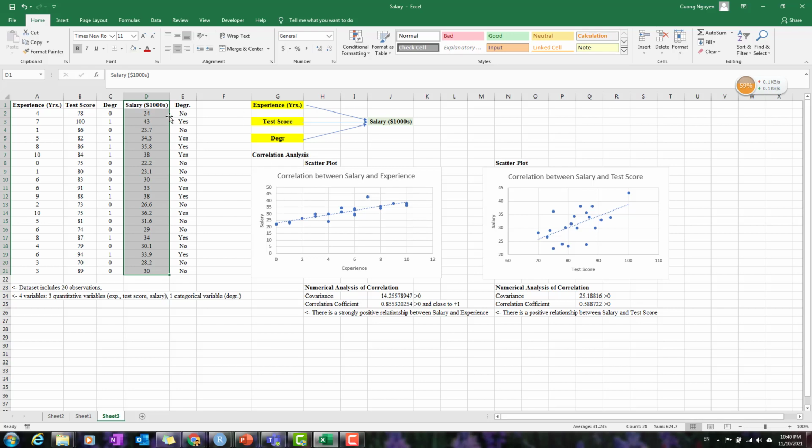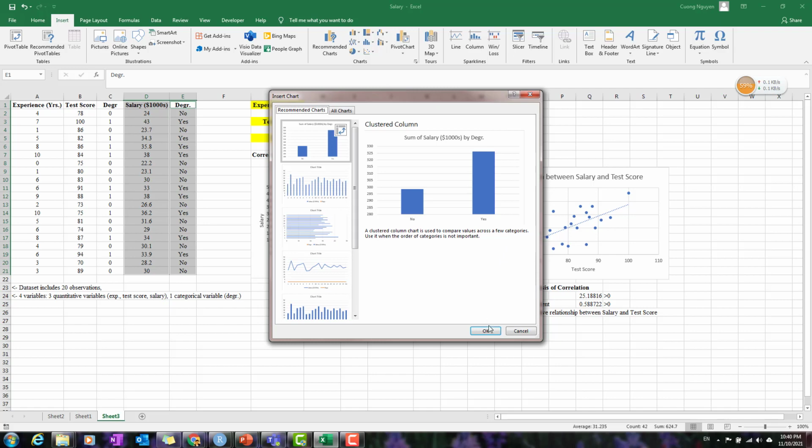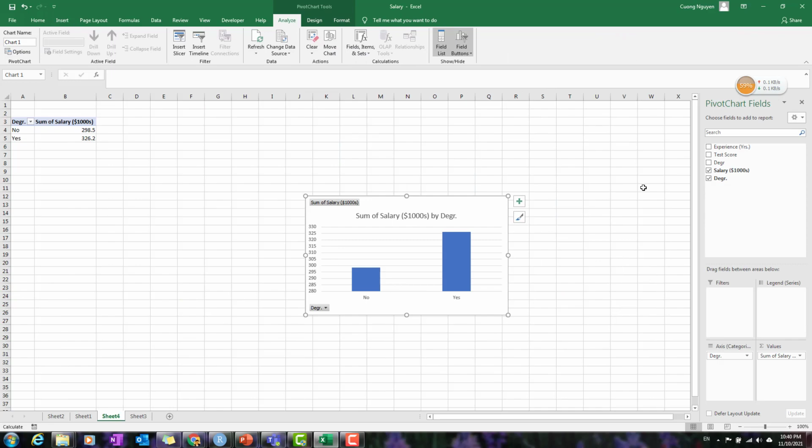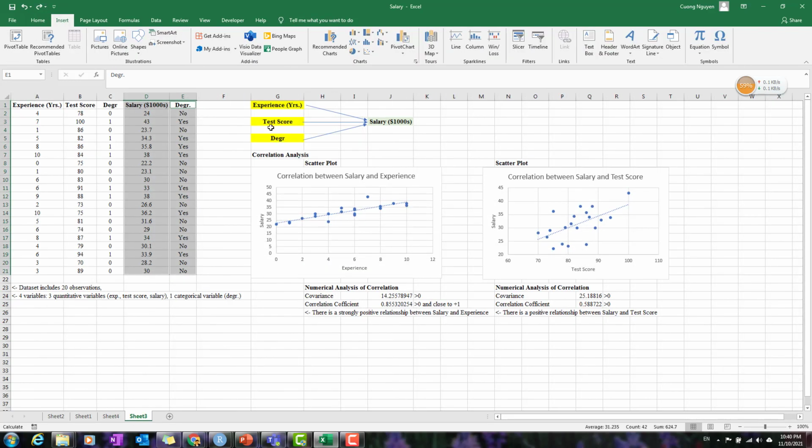The last one is between degree and salaries. You can review whether someone has a degree, yes or no, and their salary. How are we going to do it? We can insert a clustered column chart, but at the same time you can do it with a pivot chart and pivot table.